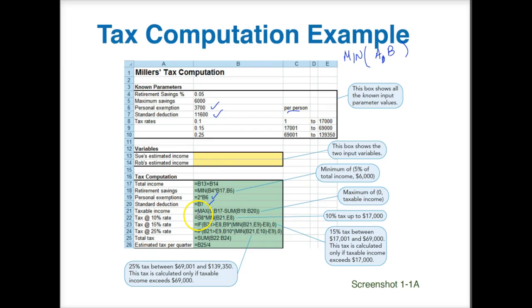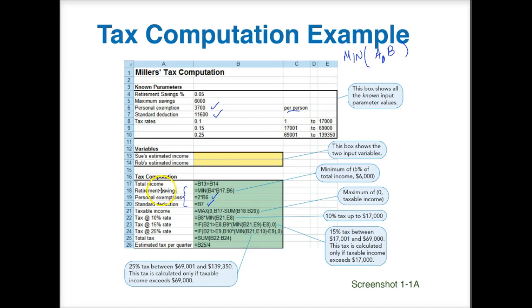If we look here at the 0% tax bracket, we want to take the maximum value in between 0 and whatever B17 is minus the sum of B18 through B20. So B18 through B20 is all of this stuff here, okay?